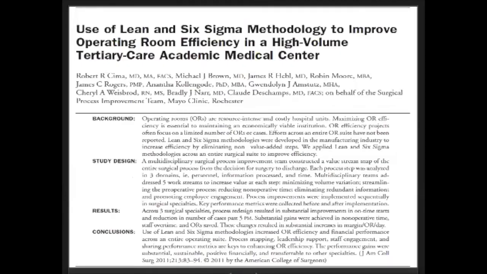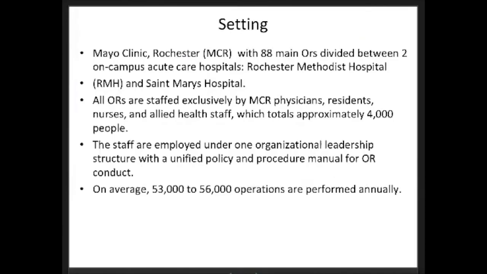This next article again looks at the Lean and Six Sigma methodology and improves operating room efficiency. This is a high volume tertiary care academic medical center. This is Mayo Clinic, Rochester, with 88 main ORs divided between two on-campus acute care hospitals.